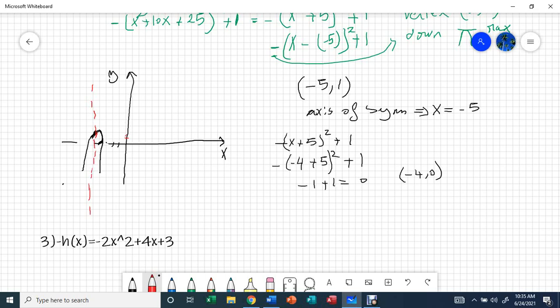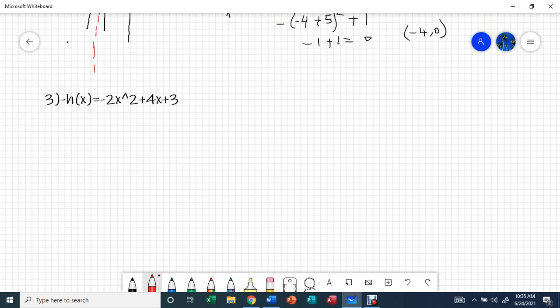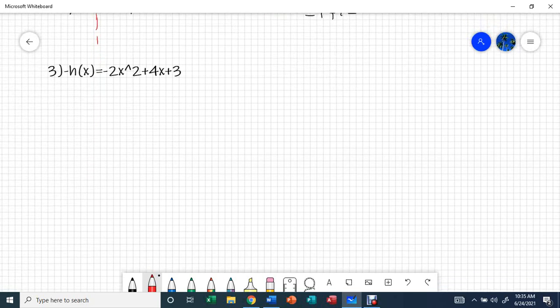So let's do the last example. In this example, we will find the vertex using the formula I mentioned at the beginning, which is the vertex x-coordinate is negative b over 2a, and you plug that negative b over 2a into your function, and that's your vertex.